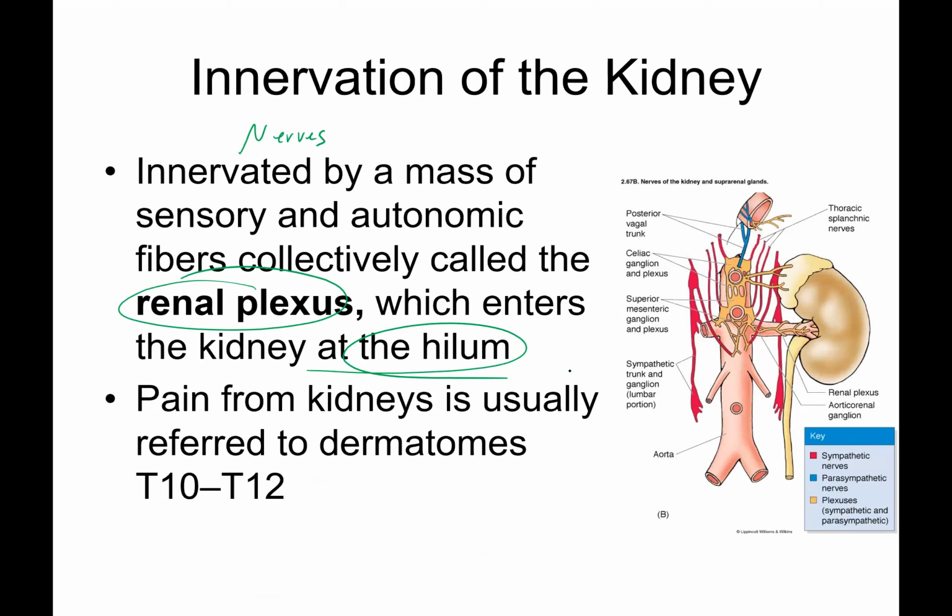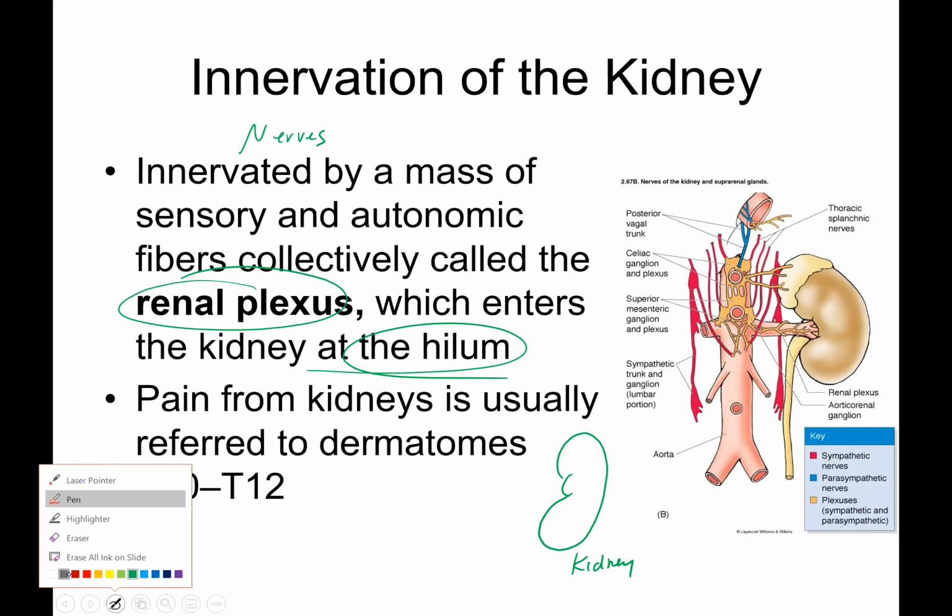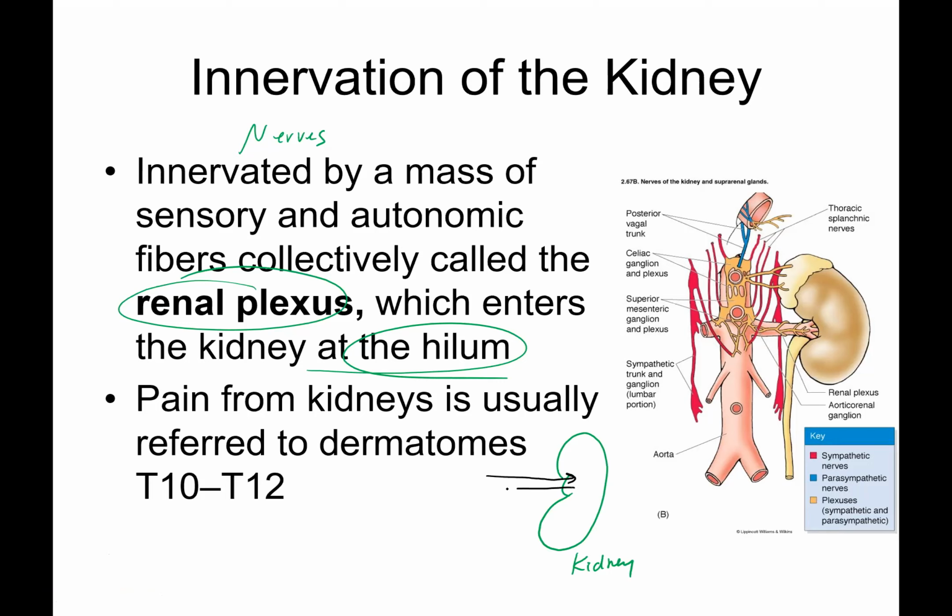The hilum, or hilus, are all the tubes that come in and out of this area of the kidney. A lot of tubes and wires come in and out of that part of the kidney, and that's called the hilum. You may also read it as hilus.